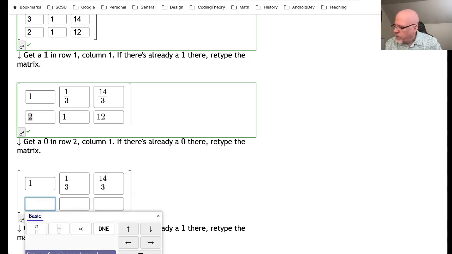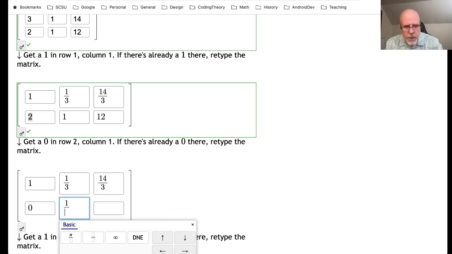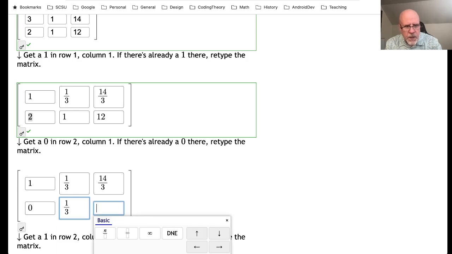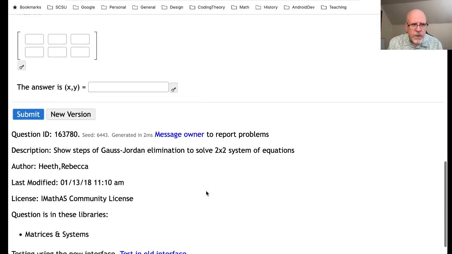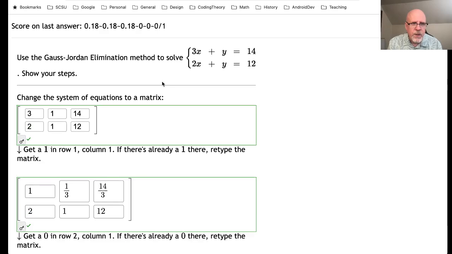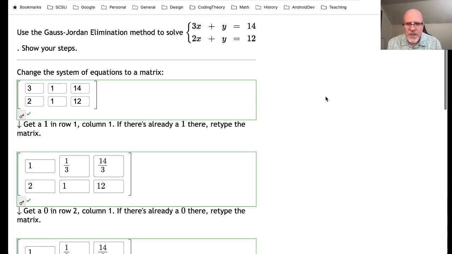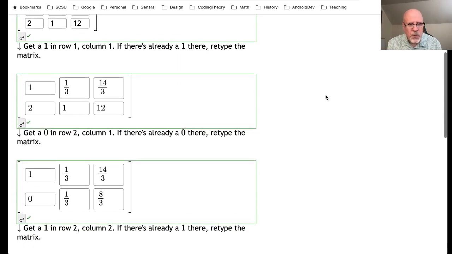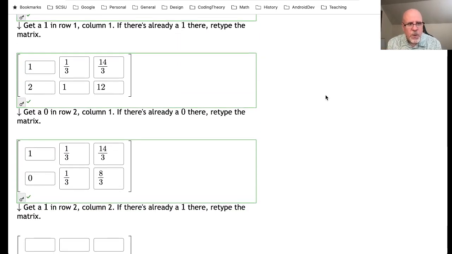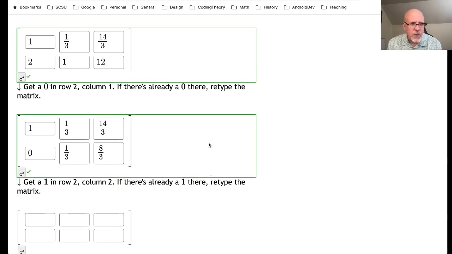The next row has a 0, a 1/3, and 8/3 in it. Cool. And now if I hit submit, of course you can't do this checking your work intermittently in between because you only get so many tries before it marks you wrong, but see how it liked what I did there so far.